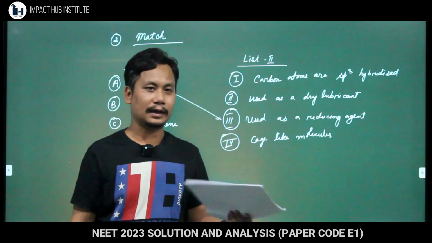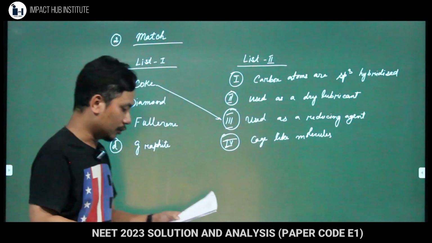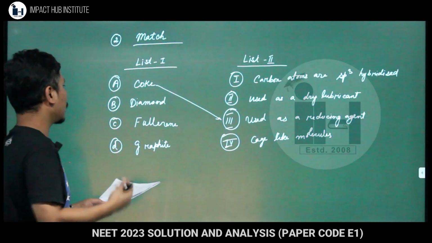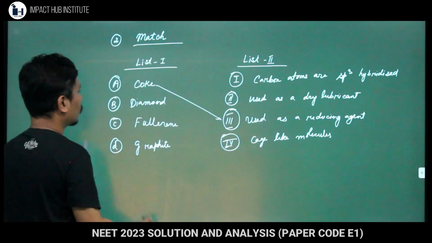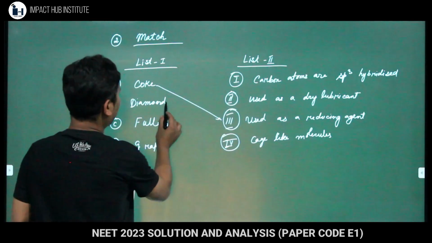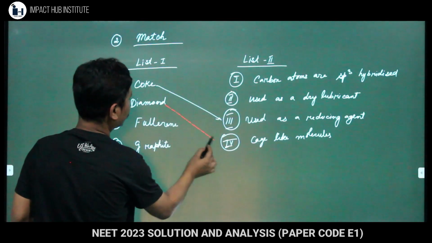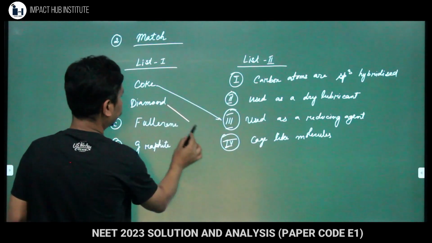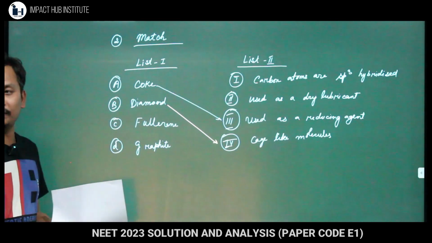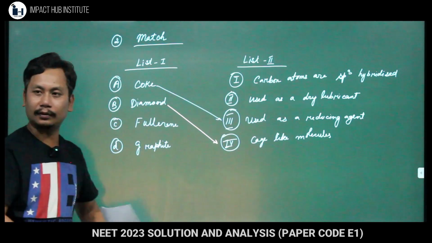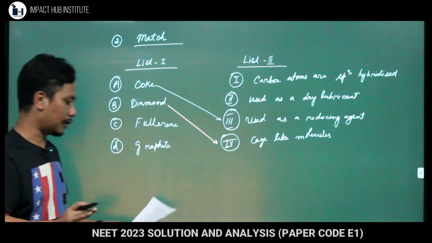So we have to look into a different one then. Graphite and diamond. Diamond will be a cage-like molecule, so B should be 4. Is B4 there? That is enough for you.